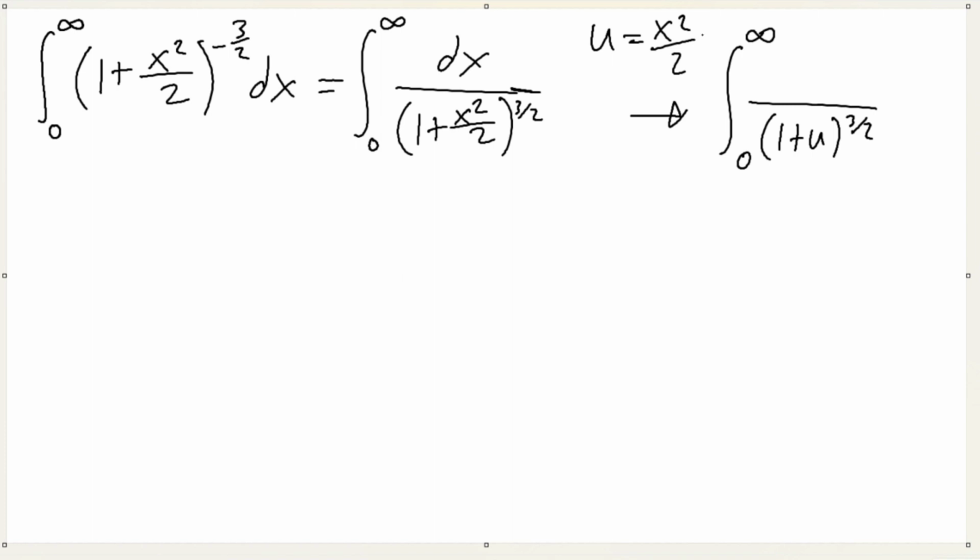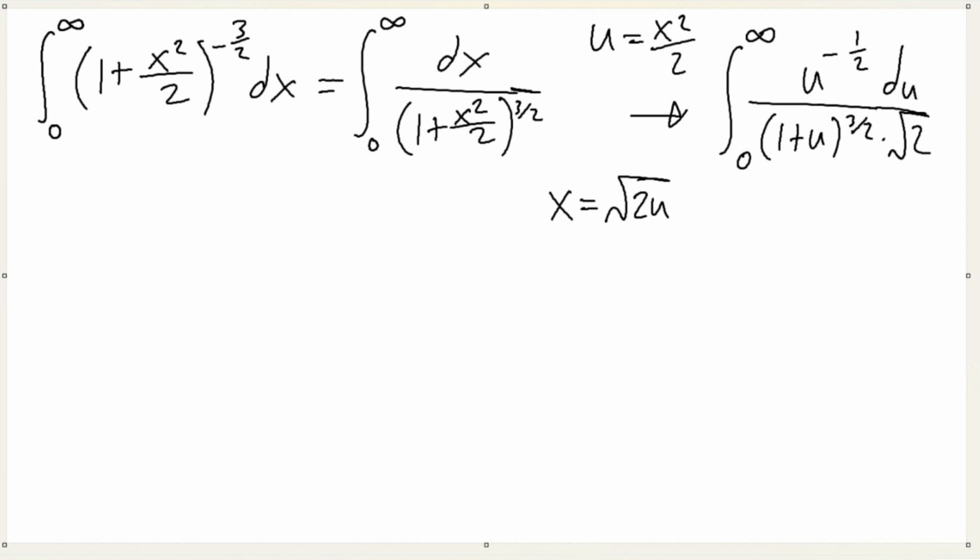We would have to have x equal to the square root of 2u. Again, we don't have anything to exchange, so you have to do a forced u substitution. So in that case, we have root 2 here, and then u to the negative half, because x is equal to the square root of 2u.